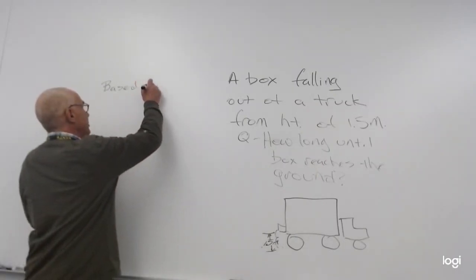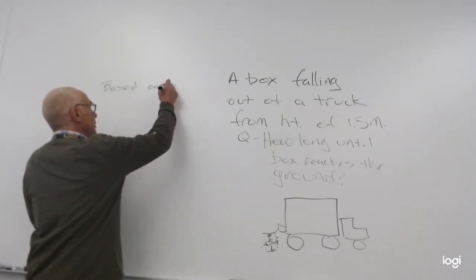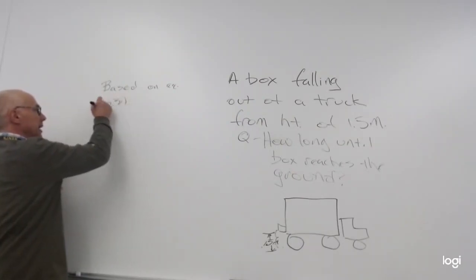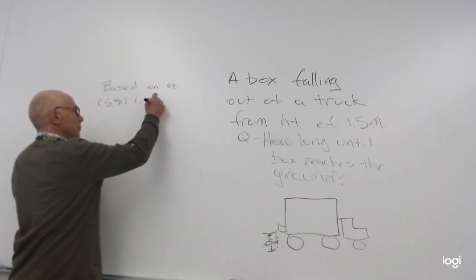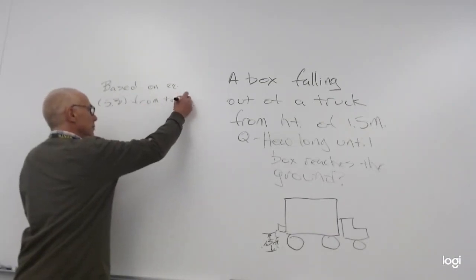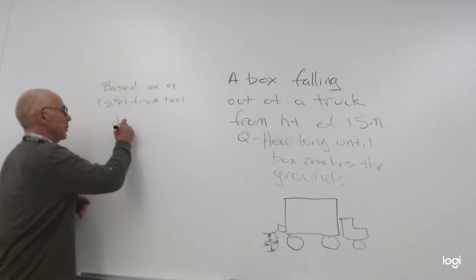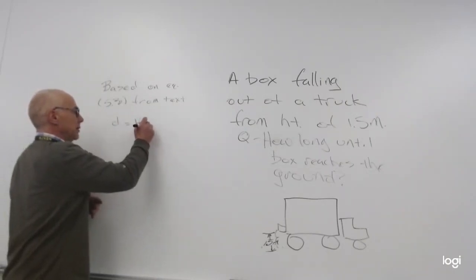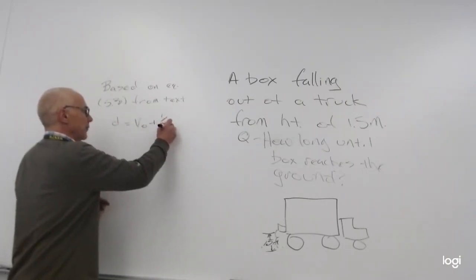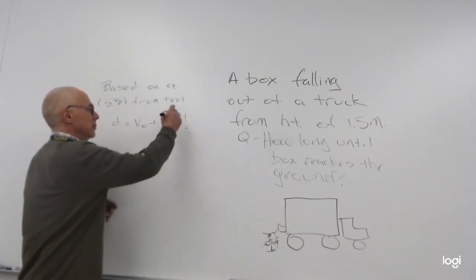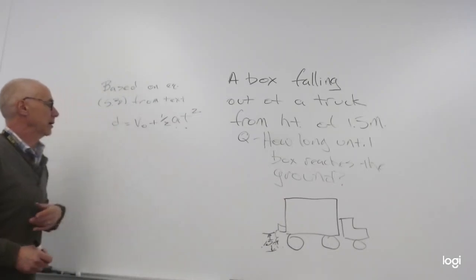I'll just make up an equation number: equation 5.33 from the textbook. I know that d, the distance traveled, equals the initial velocity times t plus 1/2 a, the acceleration, times t squared. Okay, so we write that.